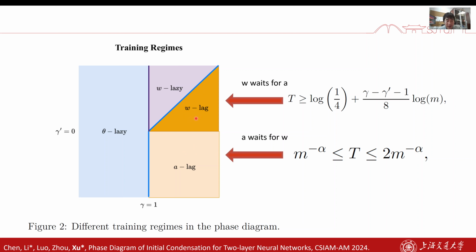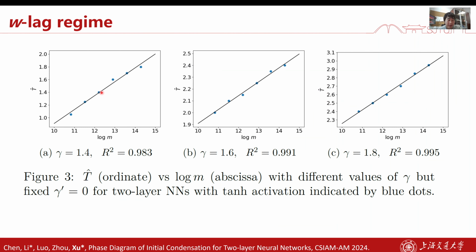In this orange regime, the evolution of W is slower than A, and in this regime, A evolves slower. In this regime, T is proportional to log M, where M is the network width. And in this regime, T is a power law function with respect to the network width. We can prove this for this double-leg regime.